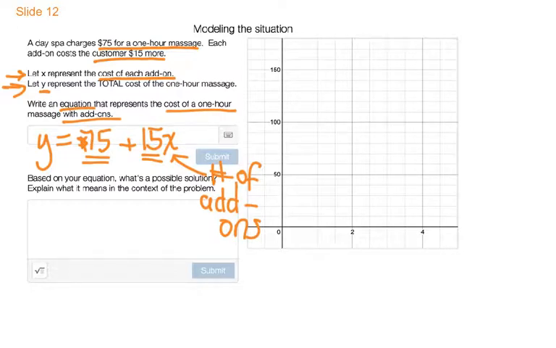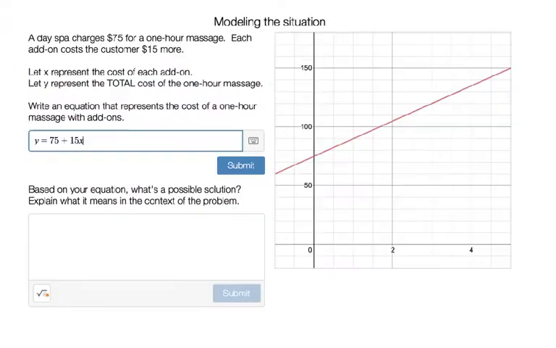I'm going to answer this question right here based on my equation, what's a possible solution, on the next page, because, as you can see, I've got my equation graphed. After you would have inputted this into Desmos, it would have given you the red line. Now we're going to determine what could be a possible solution and what the solution means in the context of the problem.